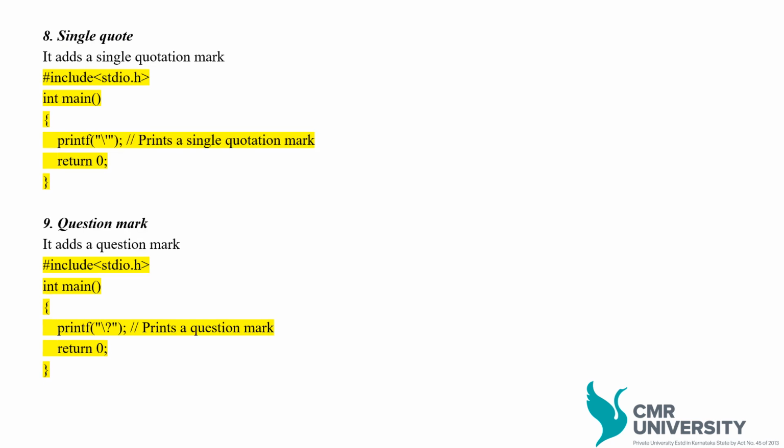Next is single quote: we use one backslash for printing a single quotation mark. And when we want a question mark, we add backslash question mark, which will show the question mark in the output.